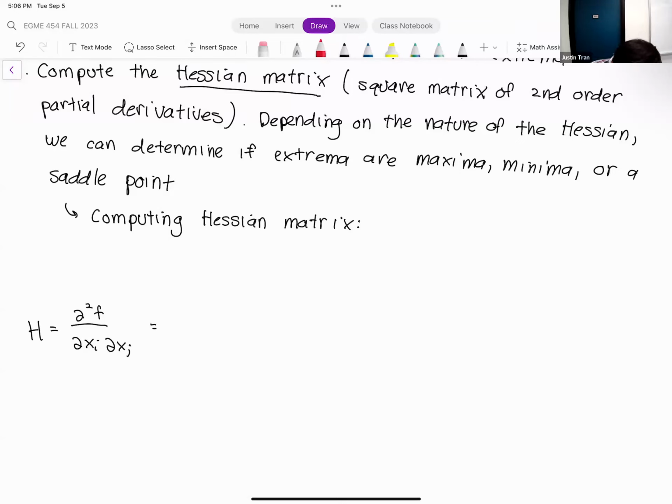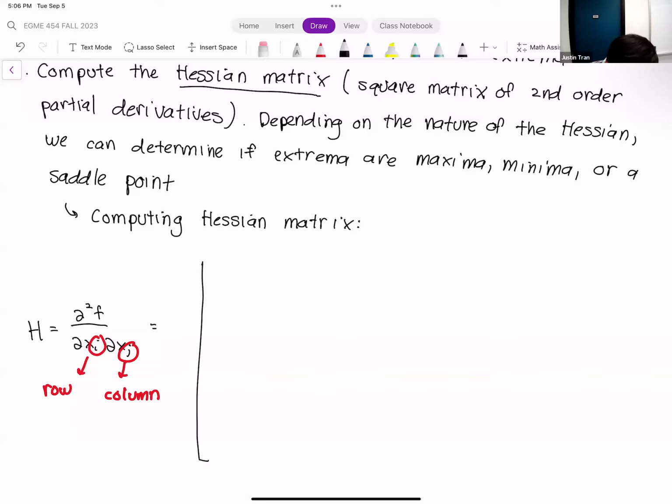Okay. So i here refers to the row, and the j here refers to the column. And so remember, when you're taking second order derivatives in multiple dimensions, you can take different combinations of derivatives of the different variables. Okay. And so you're going to see some cross derivatives in this matrix.